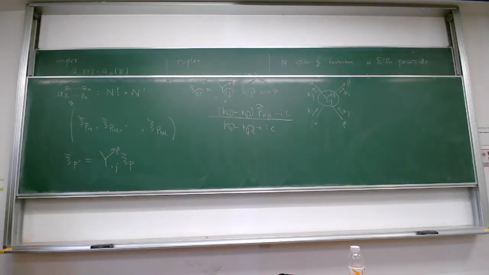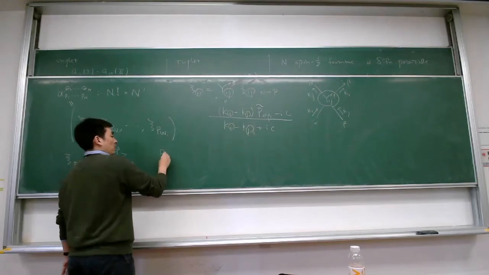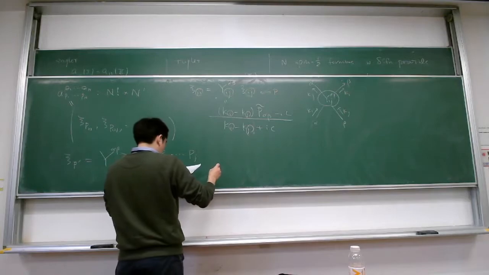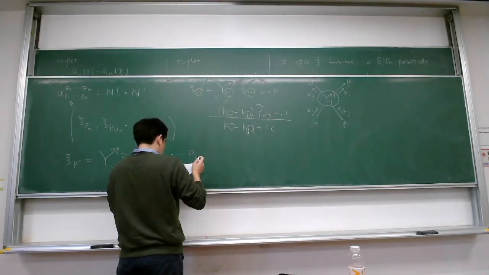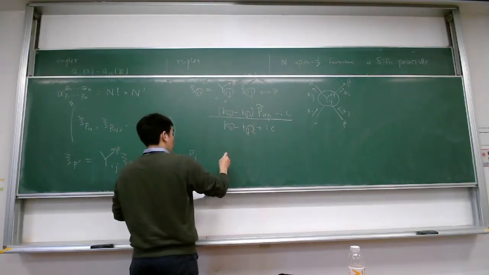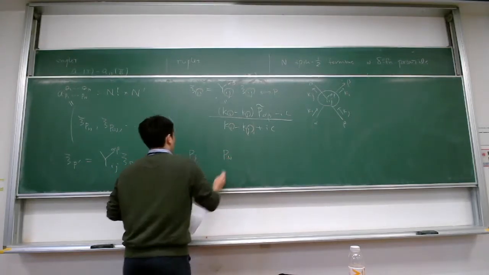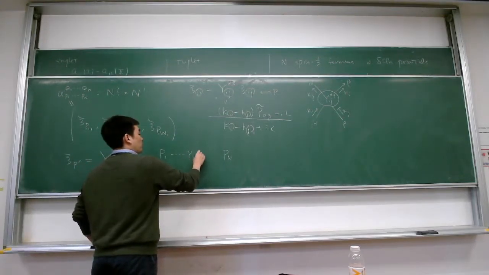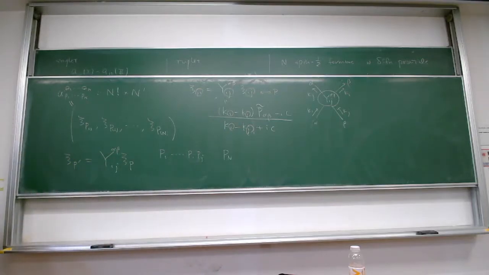Here we essentially have P1 ... Pj ... Pn.